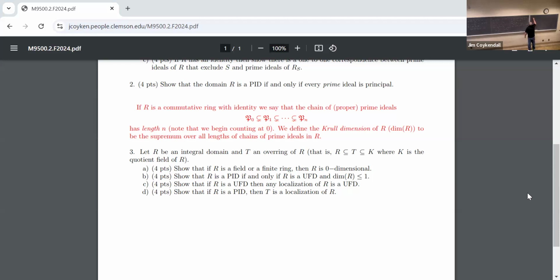So P is strictly contained in P plus RA, because there's an A here, but not here. Therefore P plus RA must be finitely generated, right? That's the magic of this.